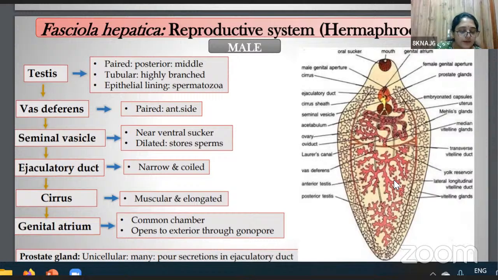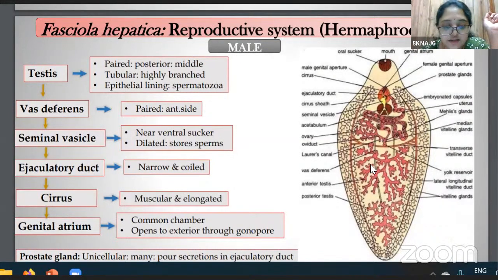From there, this yolk reservoir produces the yolk cells. The vitelline glands produce the yolk cells that have the albuminous yolk for nourishing the embryos. And then they also have droplets of the shell-forming material. Mehlis glands are numerous, unicellular shell glands that surround the oviduct.